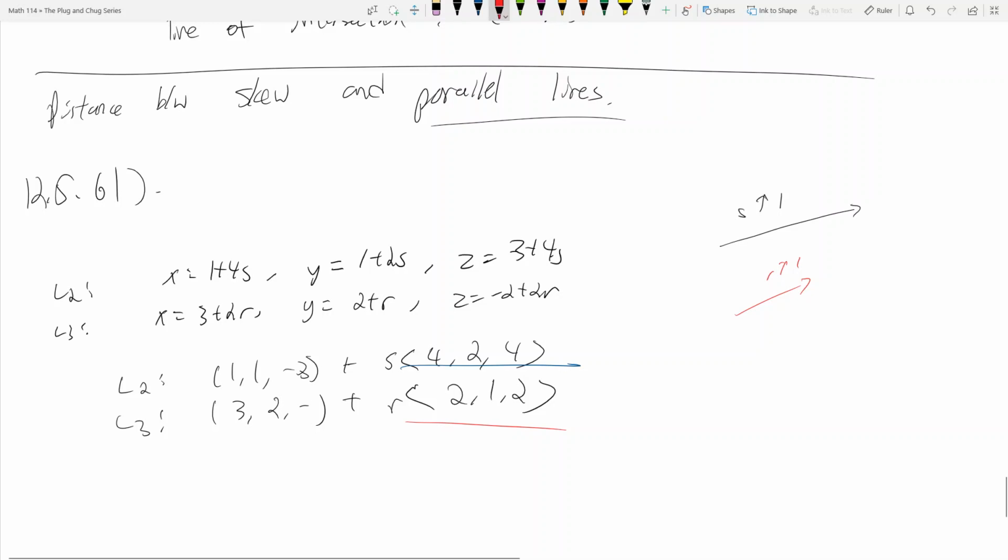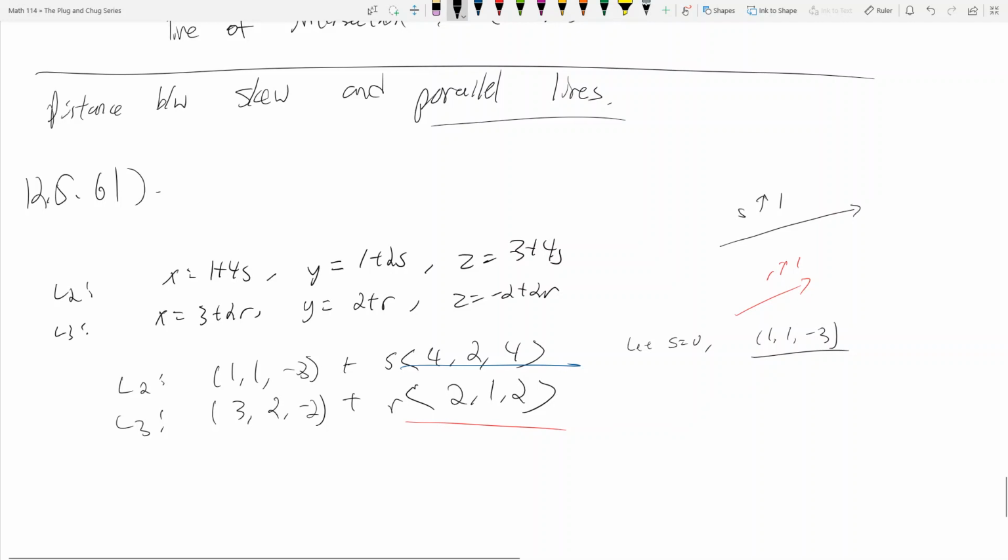Another thing you might want to check is that these lines don't intersect, right? So you want to make sure that L3 doesn't go through the point (1, 1, -3). If we let s equal 0, then we get (1, 1, -3), and we have to make sure that this point can't be hit by the other line, and it can't be. How do you figure that out?